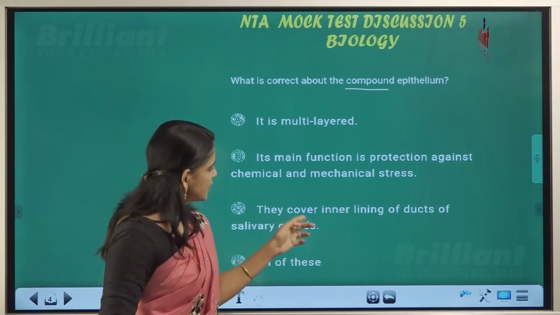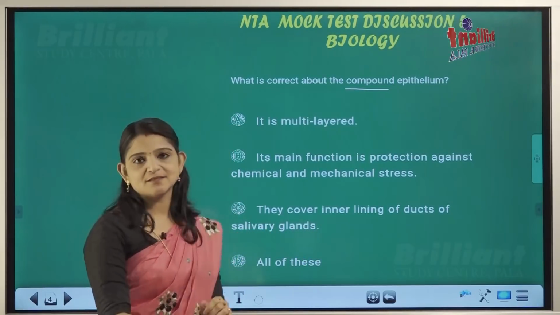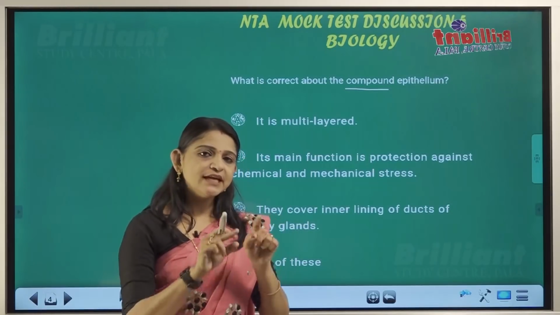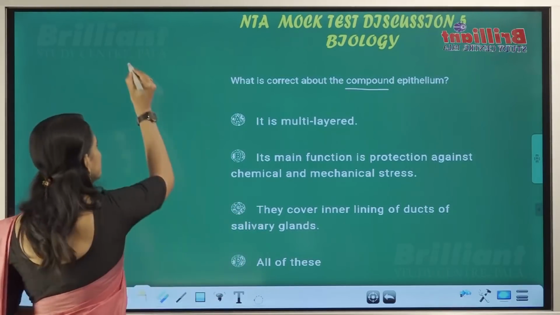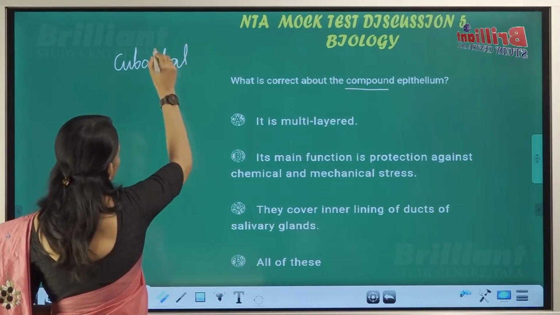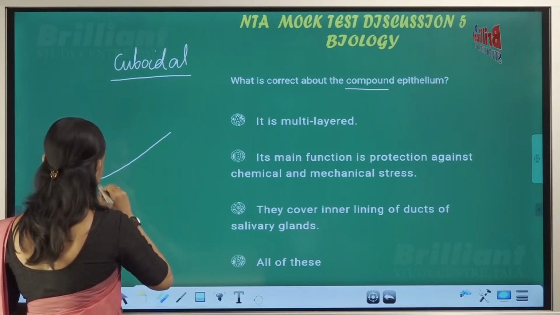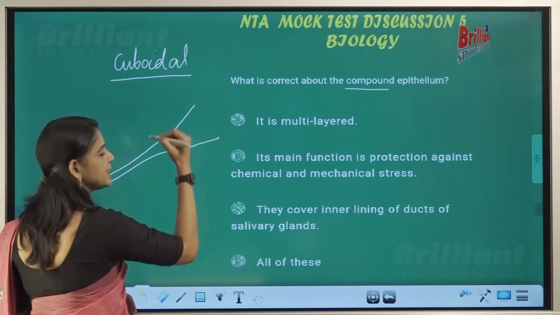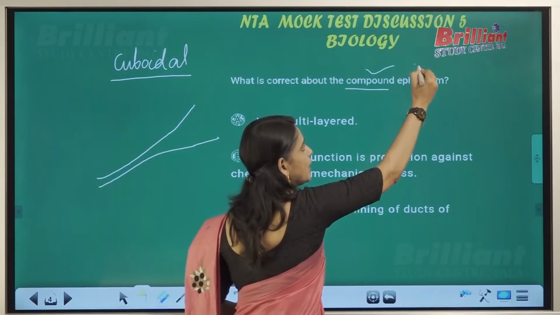Next one. They cover the inner lining of ducts of salivary glands. Here, when you are thinking about salivary gland, the inner lining of salivary gland is mainly made up of cuboidal epithelium. But just imagine that the larger portion of this salivary gland has cuboidal as well as compound epithelium.